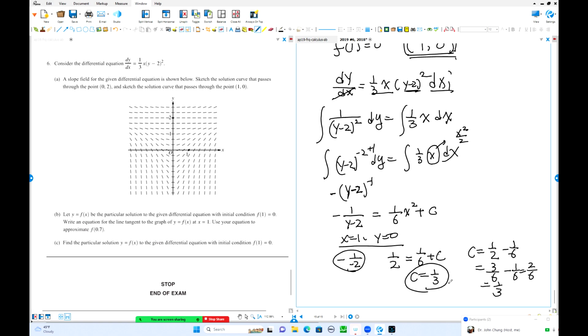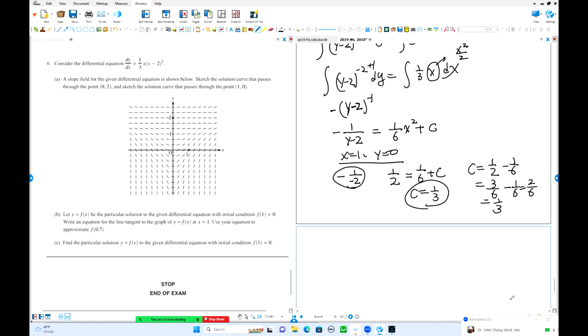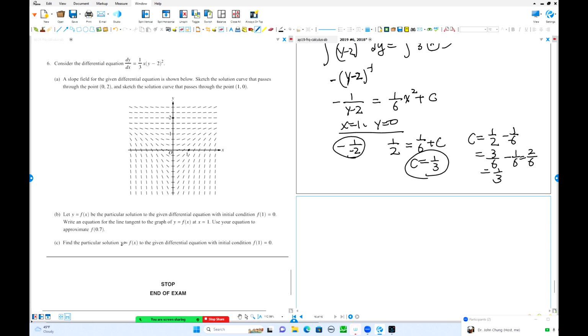Now we're going to express y equals f of x. Put this number c in there: negative 1 over (y minus 2) equals x squared over 6 plus 1/3.